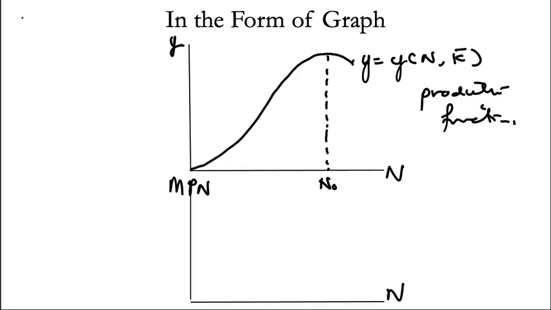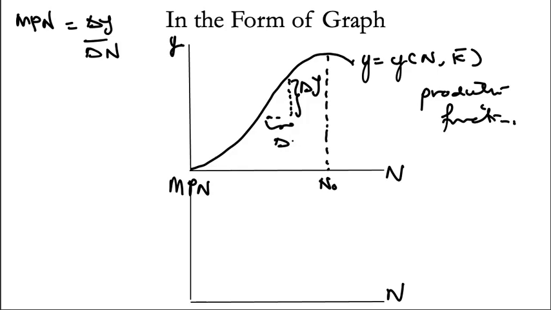Now, MPN is the change in output over change in labor, isn't it? So this is what you saw in your undergraduate level. The change in output, if I draw it here, this one is the change in output, and this one is the change in labor.